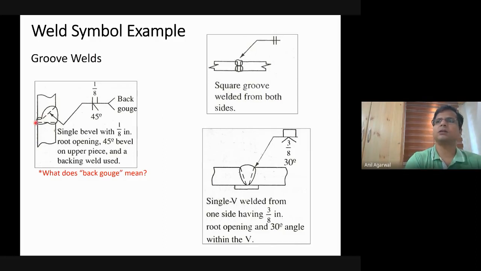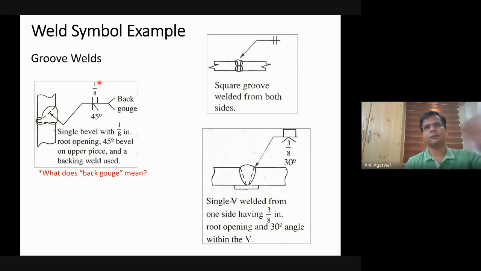It would be partially fused already on this side by the time you finish this weld. So it is already fused partially, but it's not a very good quality. You will not achieve very good quality from one side. So then you need to create a groove. After doing half of the weld, you need to create a groove of the size mentioned here on the back side. That is called back gouging, which is basically removing the back side of the weld, gouging the back side of the weld.